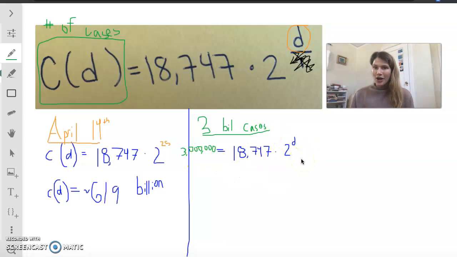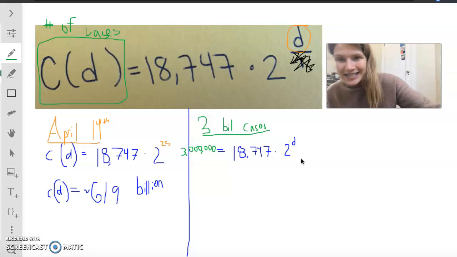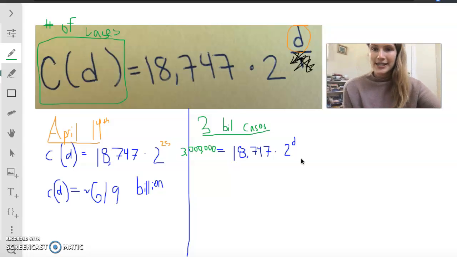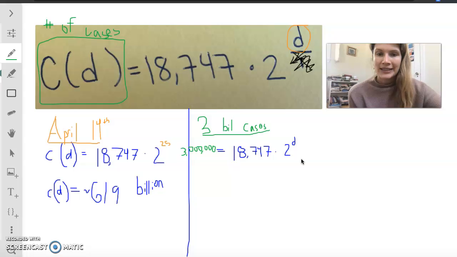Now, how do we solve an equation? We try to isolate the variable. I'm trying to solve for D. So I'm going to try to get this all by itself on one side of the equation.